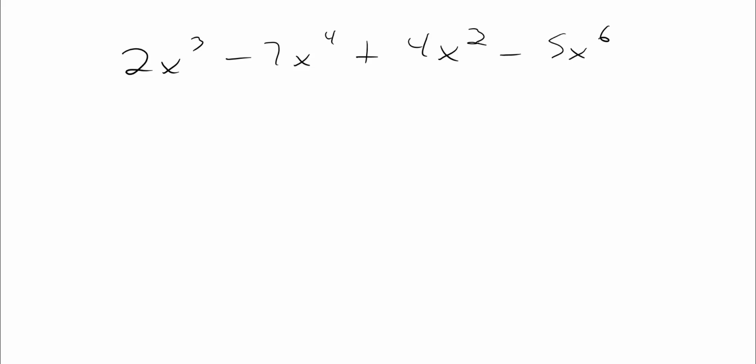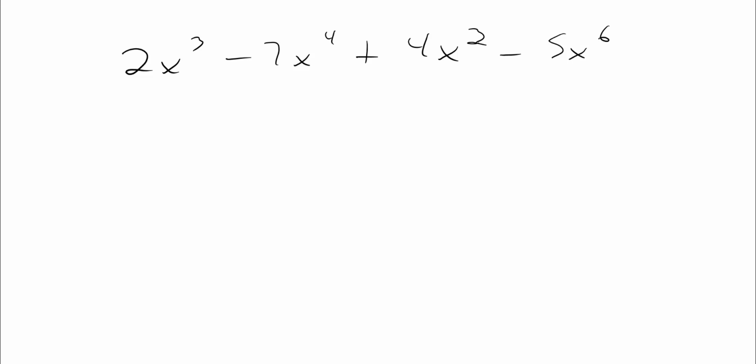So let me give you an example. If I said, you know, 2x to the 3rd minus 7x to the 4th plus 4x to the 2nd power, sorry, minus 5x to the 6th.